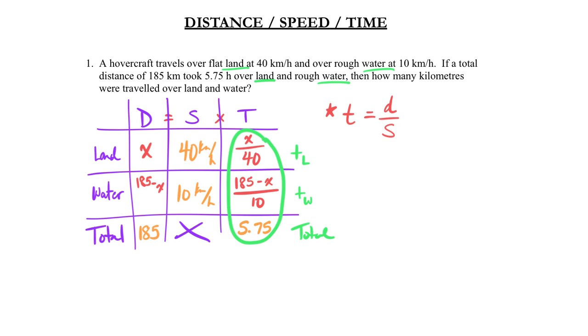Now, that chart that I just set up is a completely acceptable way to set up your problem and not write let statements. I think your reader should be able to interpret that chart and see that you called land x. So you have defined your variable. The distance on land was x, and everything else falls into place.